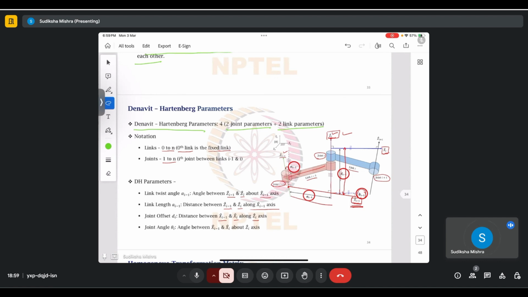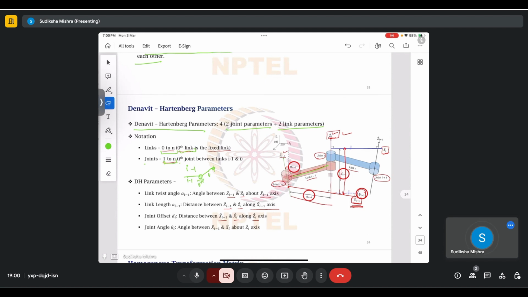Using these 4 parameters, the whole problem can be explained. Now the notation is that the links can go from 0 to n, the 0th link being the fixed link if it's an open kinematic chain, and joints can go from 1 to n. And basically the ith joint is between links i minus 1 and i.